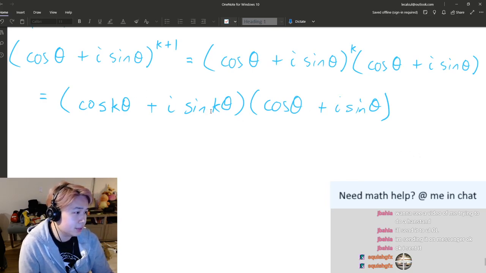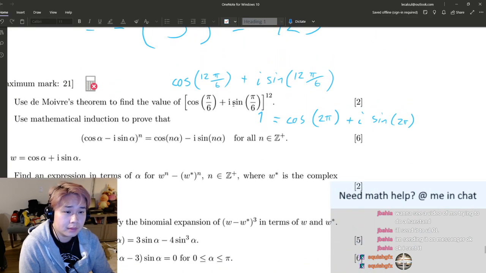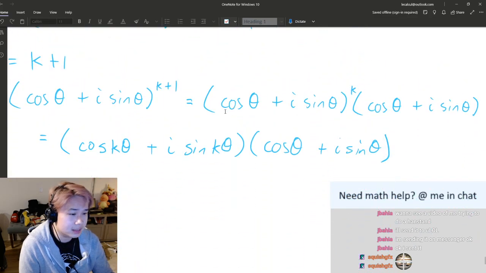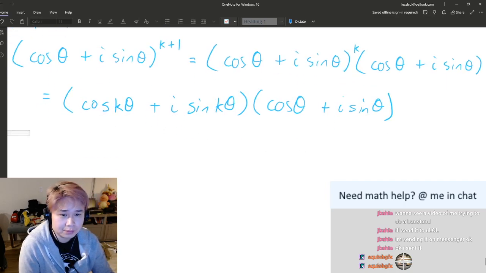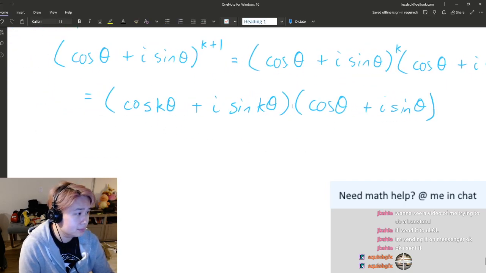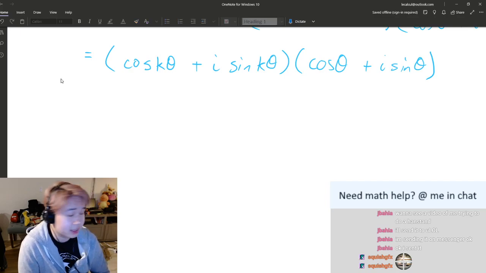And then I just need to work with this and try to show that I get a k plus 1 somewhere. So I don't exactly know where we're going, but this feels like the right direction. So if we multiply this out, what do we get?